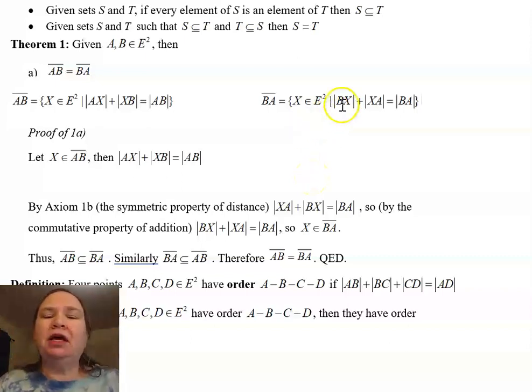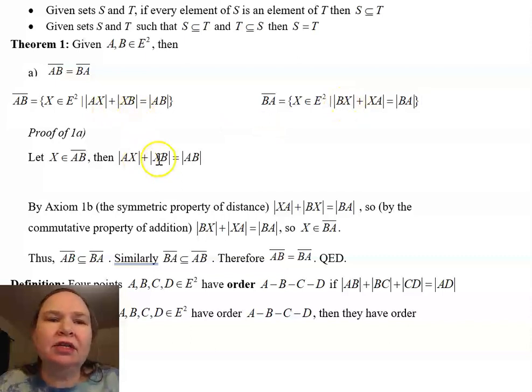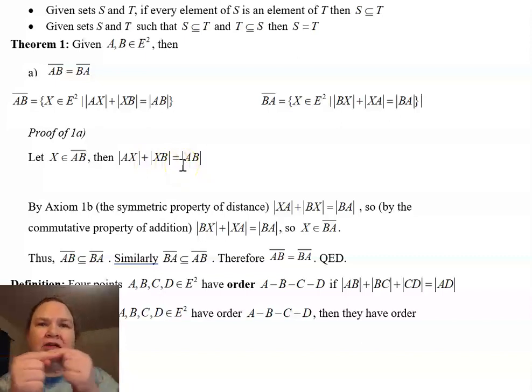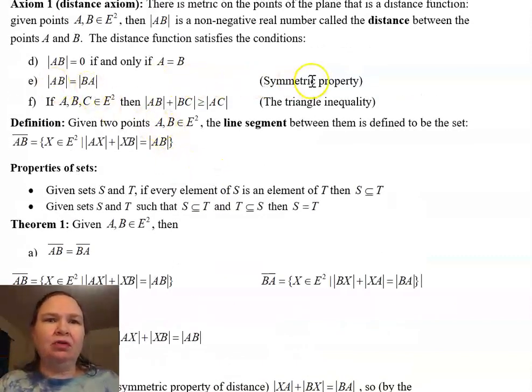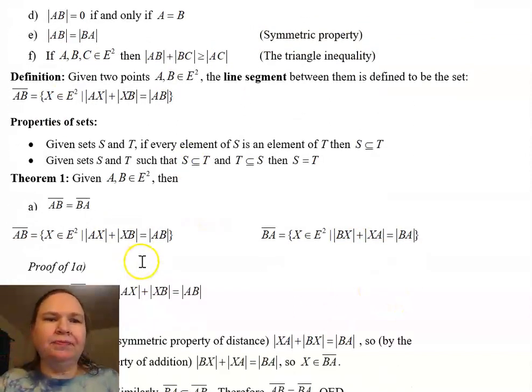So let's see. First, this has an XB and I need a BX. And this has an AX and I need an XA, and this has an AB and I need a BA. Do I know that commutative property? Well, yes, that's called the symmetric property of the distance. So I can use that axiom to switch the orders.